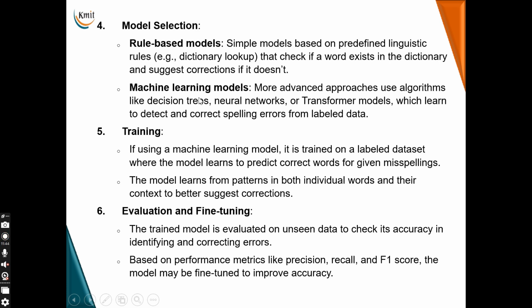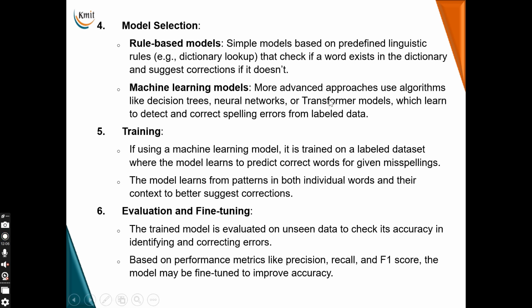Model selection: either you can go for rule based models, wherein we are trying to use a predefined linguistic model, and the most commonly used one is dictionary lookup. Even in our mobiles we have dictionary lookup, which will try to highlight the words which are not part of the language.